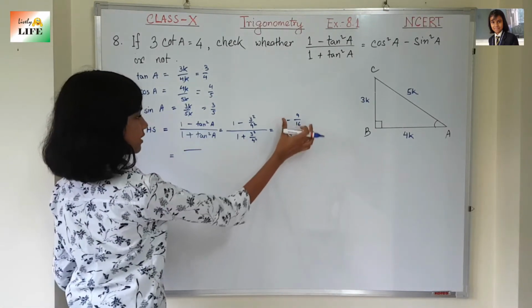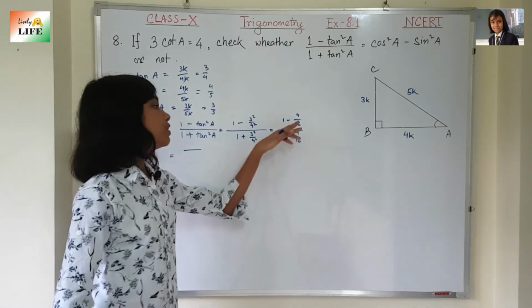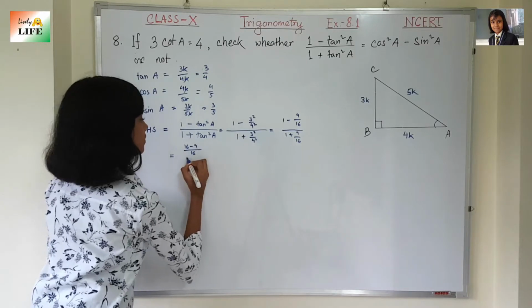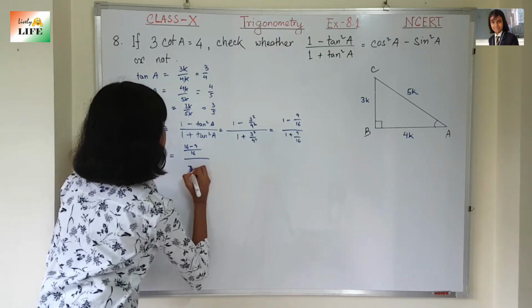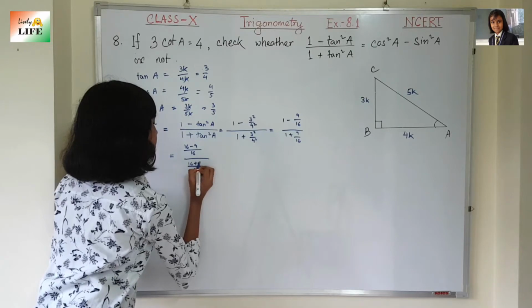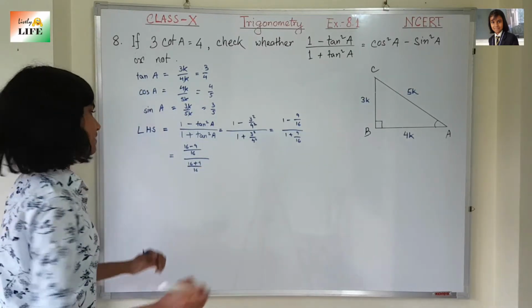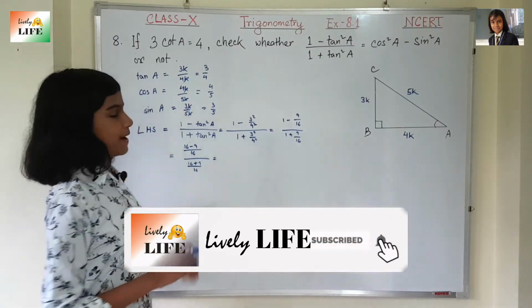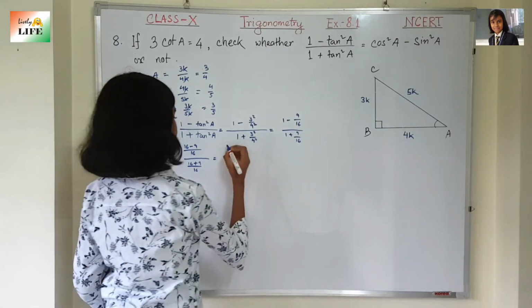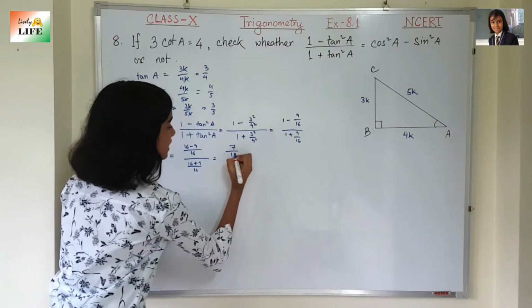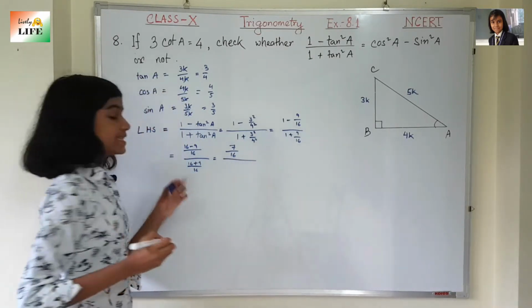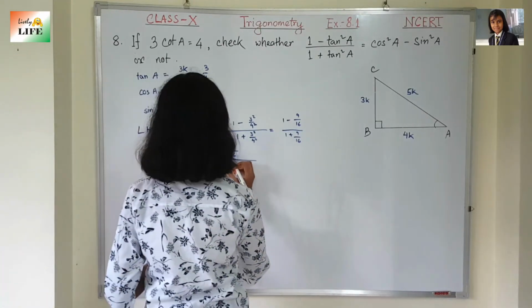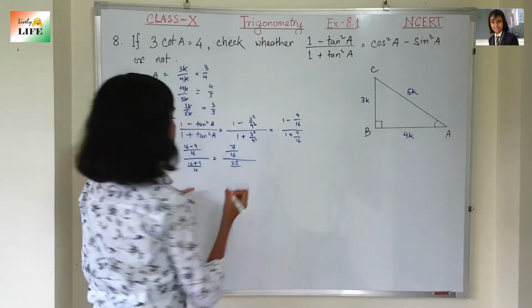Now we are going to subtract this and add this, okay? So what will be here? 16. Right? Now what is 16 minus 9? 16 minus 9 is 7, right? 7 by 16 by, what is 16 plus 9? 16 plus 9 is 25. 25 by 16.